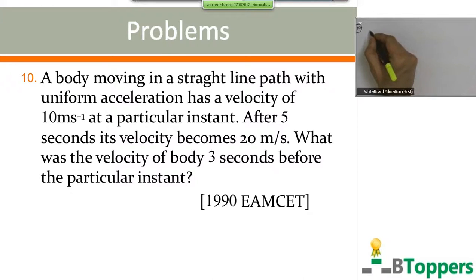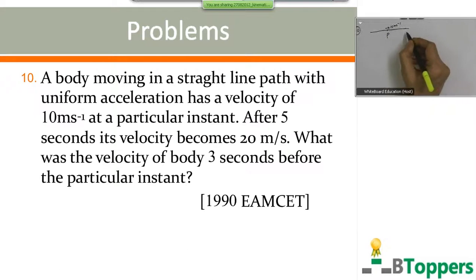So let us suppose P is the position of the body at the particular instant at which its velocity is 10 meters per second. Let B be the position of the body after 5 seconds, at which its velocity is 20 meters per second.